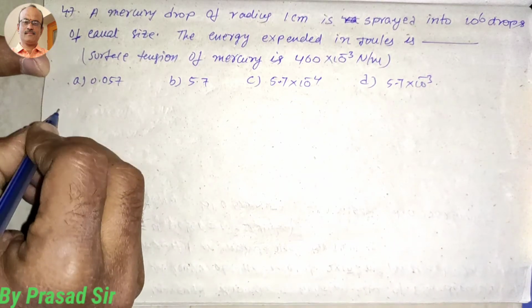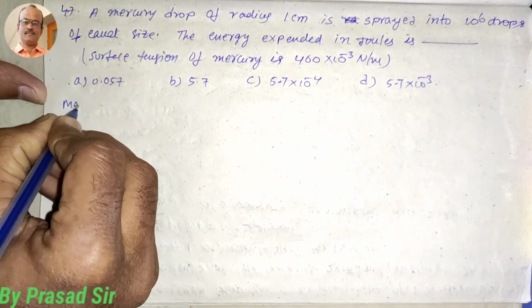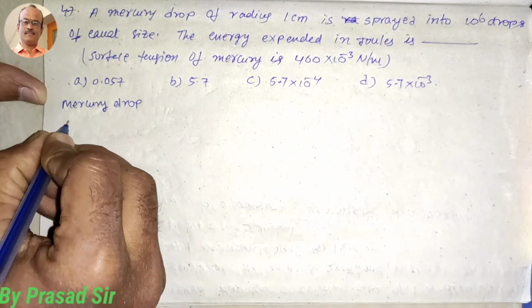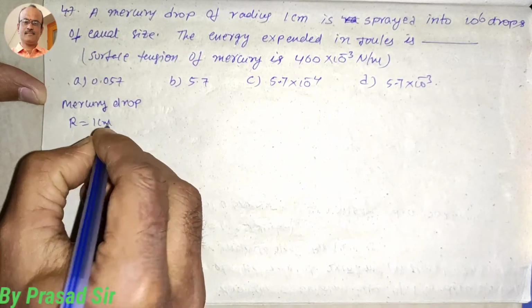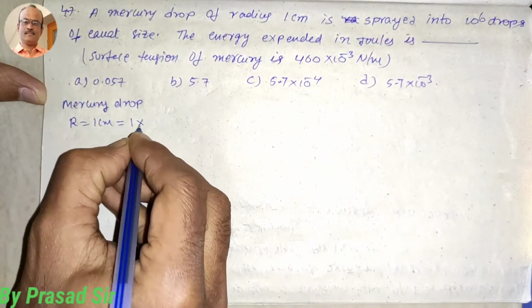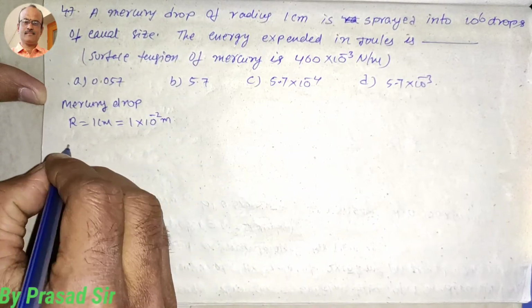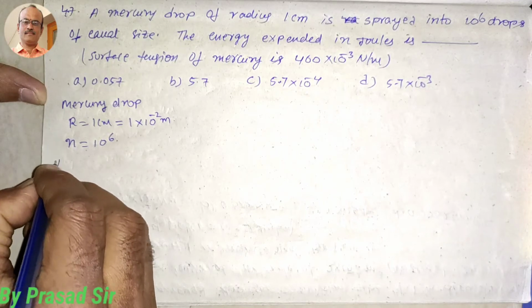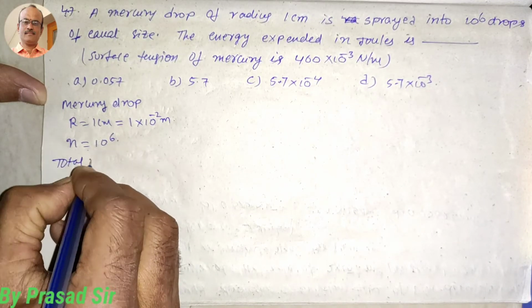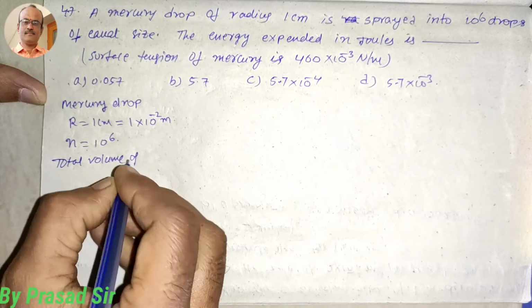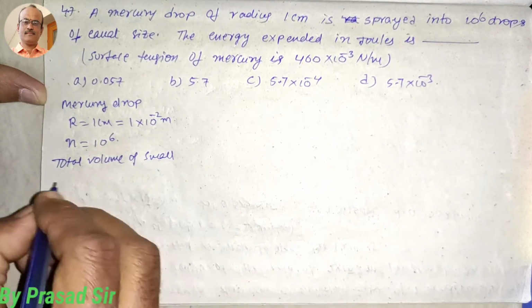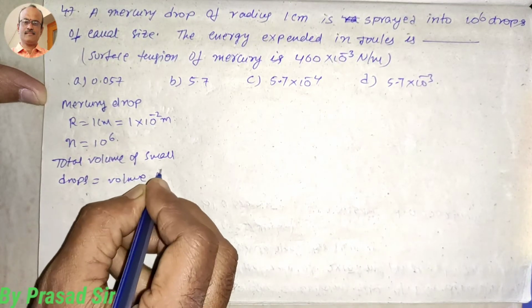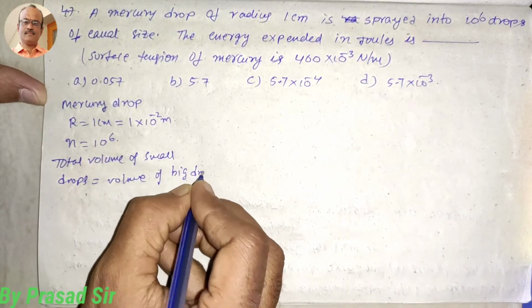So here, first of all, I will take the mercury drop. Mercury drop radius R is equal to 1 centimeter, which is 1 into 10 to the power of minus 2 meters. And the number of drops is 10 to the power of 6. But one thing to remember, total volume of small drops is equal to volume of the big drop.